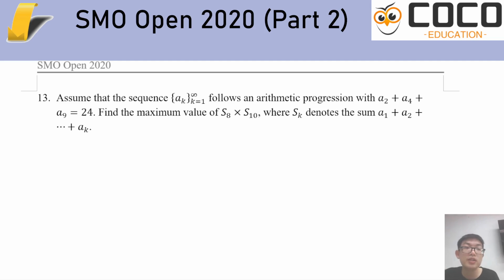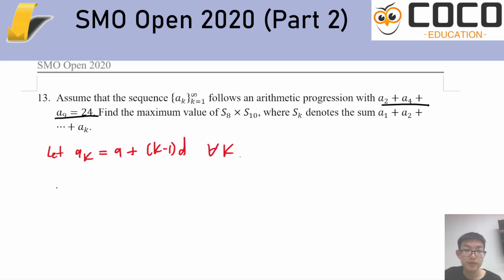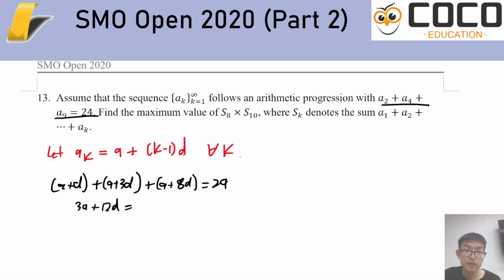In this case, arithmetic progression means first term and common difference is what we care about. And so I can just let my first term be A and common difference be D. The equation that I'm given will be just a linear equation in A and D, which gives me A plus 4D equals to 8.